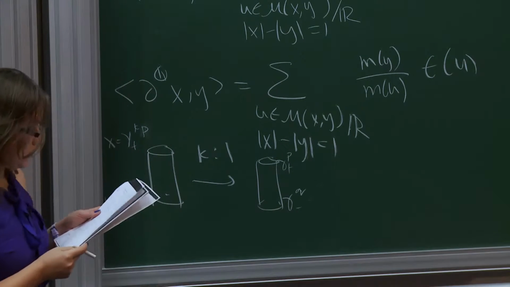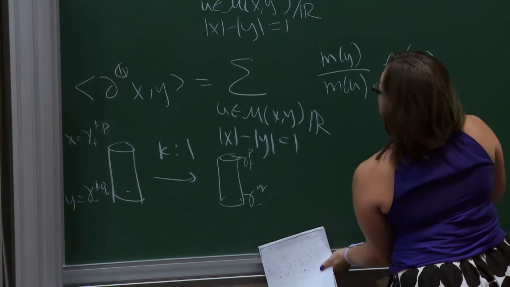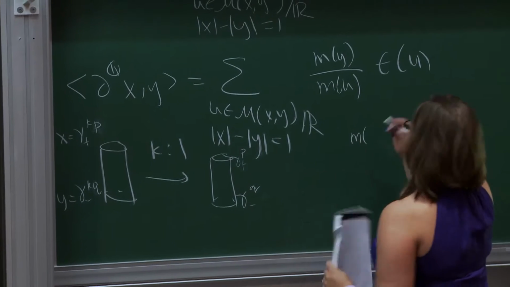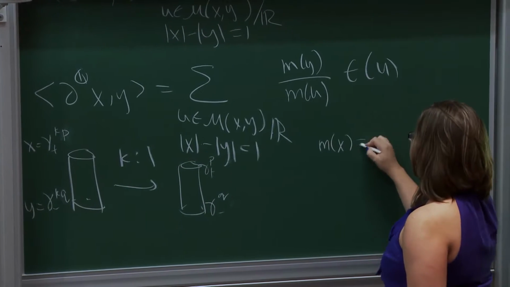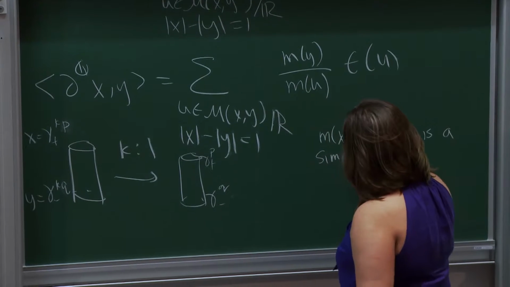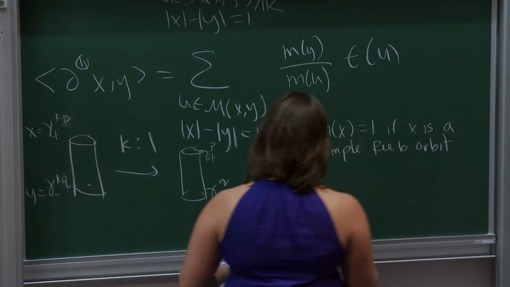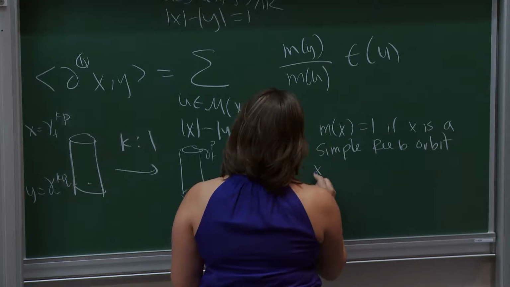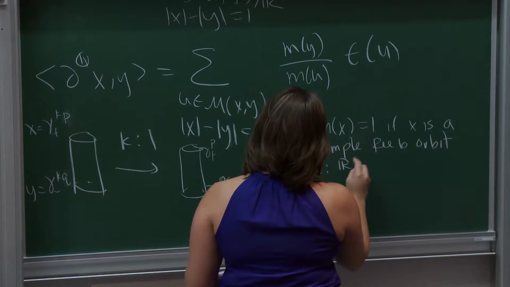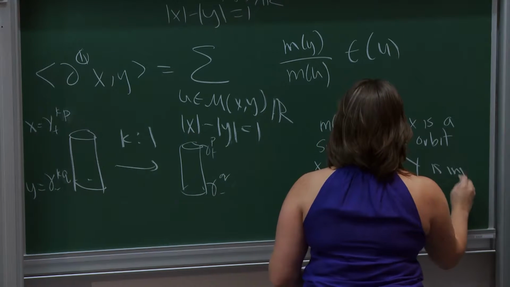Okay. All right. I'll just write that m of x equals 1 if x is a simple Rabe orbit. Maybe simple hasn't been defined, but that just means that the map x, from R mod T Z into your contact manifold, is injective.